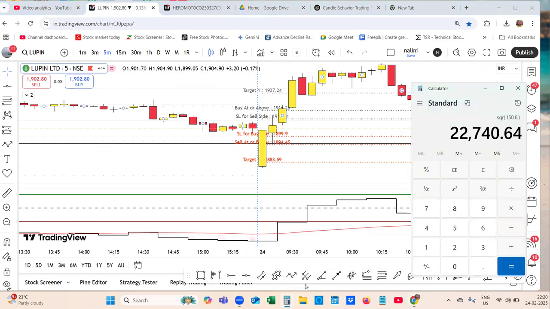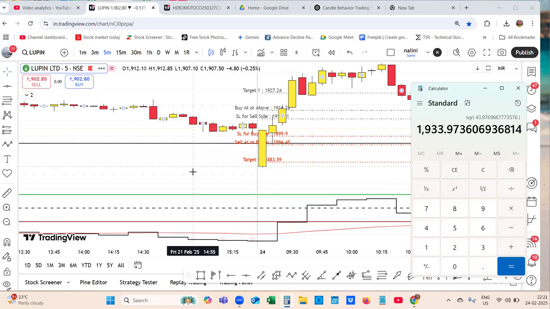Then if you calculate, let me clear this, the level is 1880. Take the base level and add 0.618, because you are entering a long trade, and square it off.